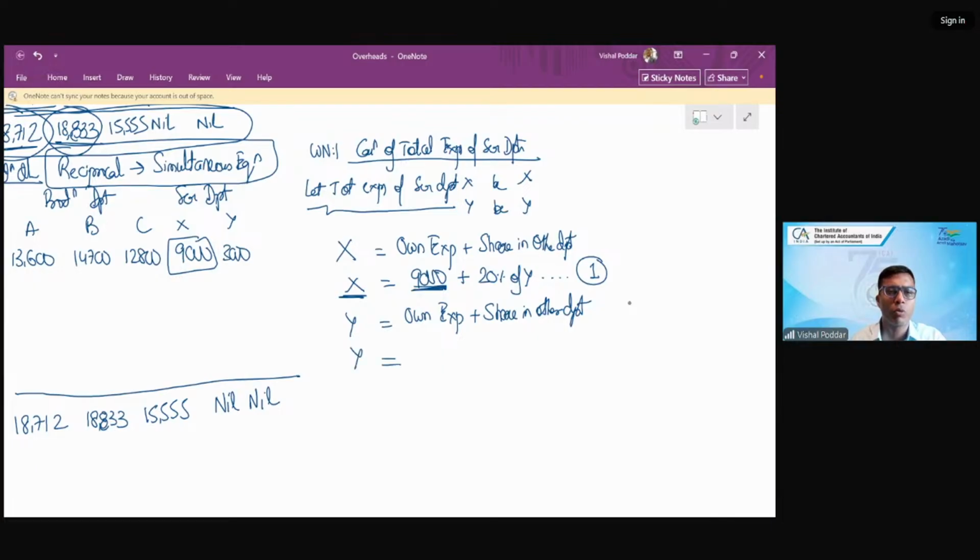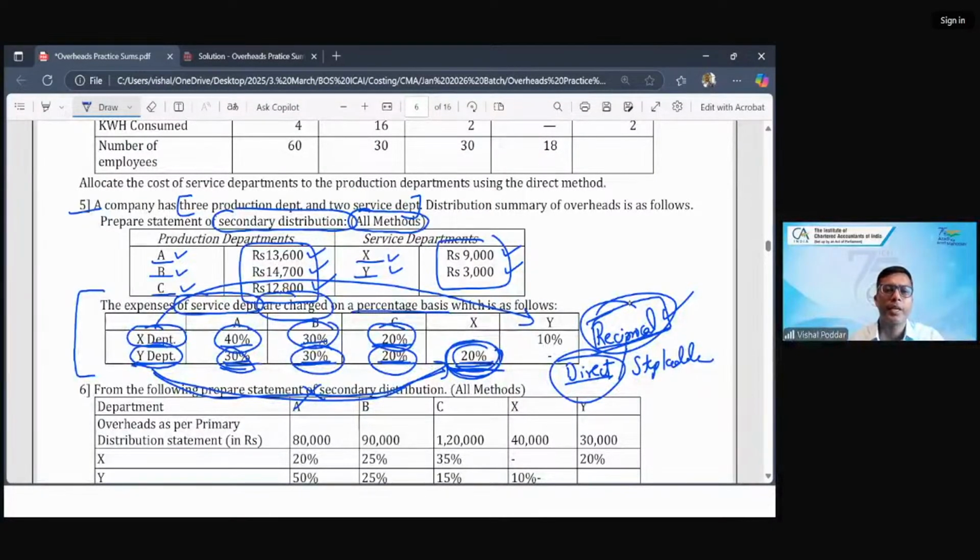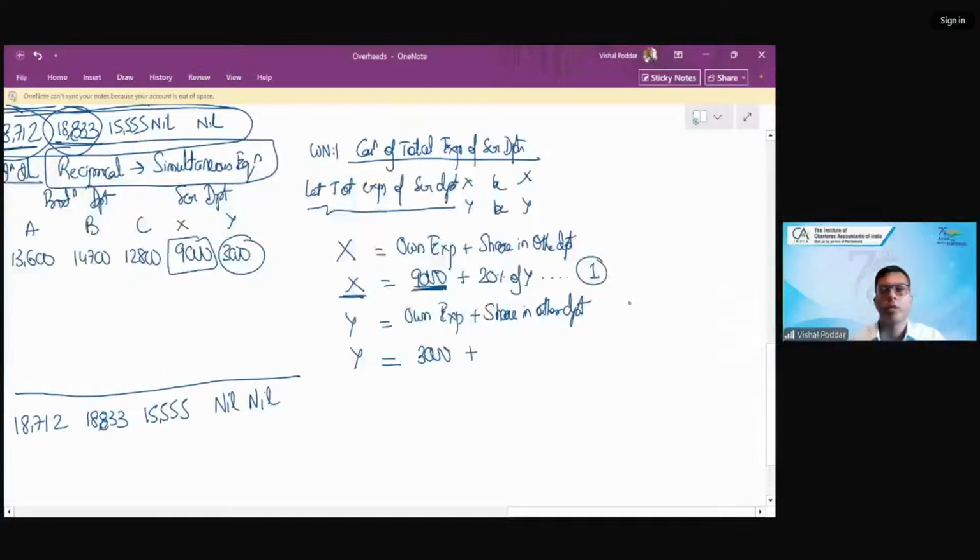Y is equal to own expense, which is 3,000, plus how much of X Y is getting? Y is getting 10% of X. So it is 10% of X. Correct? Clear? Any questions? Any doubts till this point? Perfect.